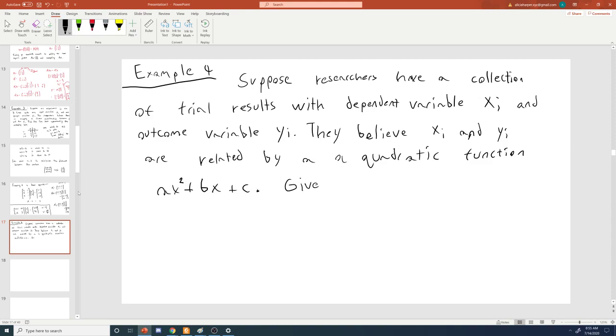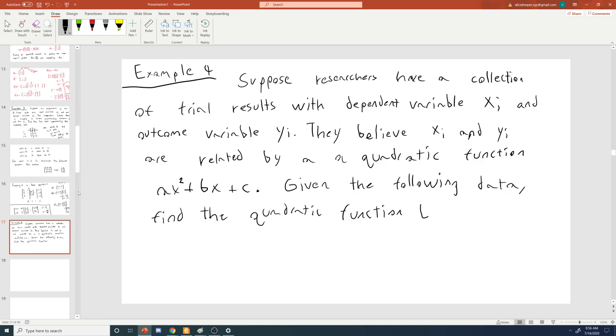Given the data, find the quadratic function best approximating it.